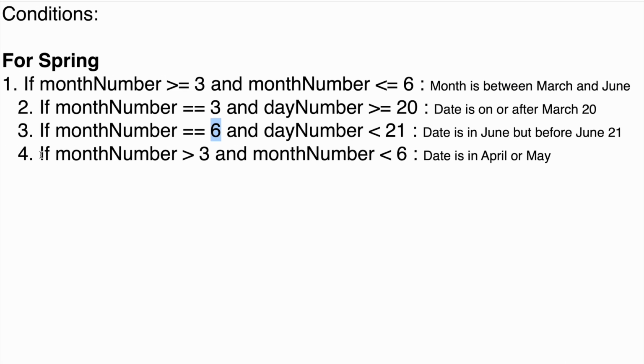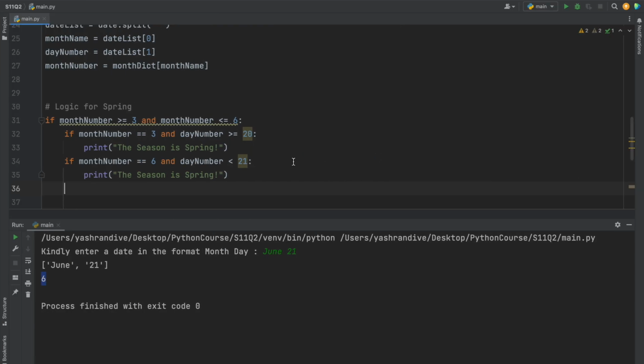Now for the final one, which is if the month is either April or May, right? So if the month number is greater than 3, so if the month is above March, but the month is less than June, so if the month is April or May, then it is obviously spring. And here we don't need to worry about the day.